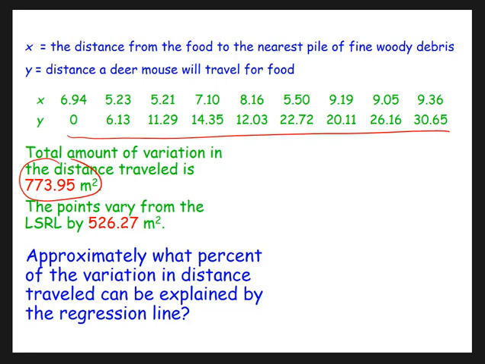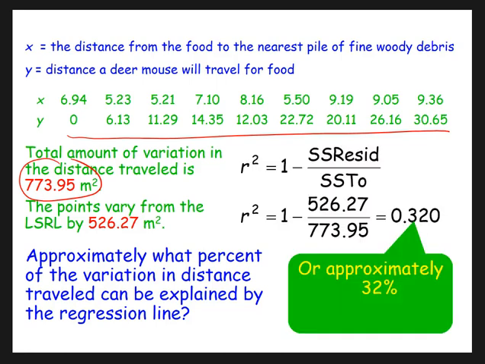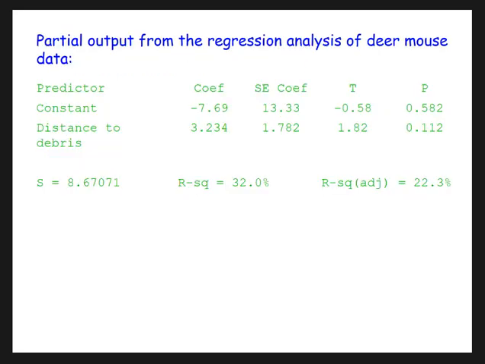So what percent of the variation in distance traveled can be explained by the equation? We divide those two, and then we subtract it from 1. So we get 0.68, and 1 minus 0.68 is about 32%. Now again, if I square rooted that, I should get my r value.